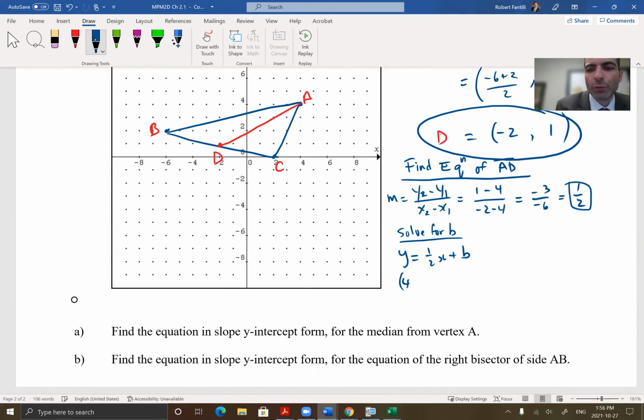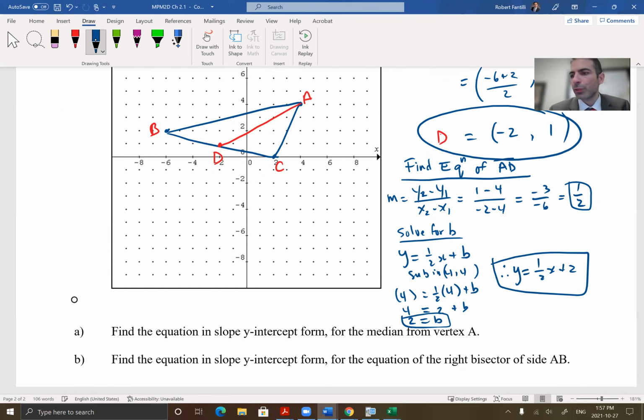So we're going to say sub in 4, 4. And you will write 4 equals 1/2 times 4 plus b. And then you get 4 equals 2 plus b. Bring the 2 over, you get 2 equals b. Okay, so therefore, y is equal to 1/2 x plus 2. That's your equation.